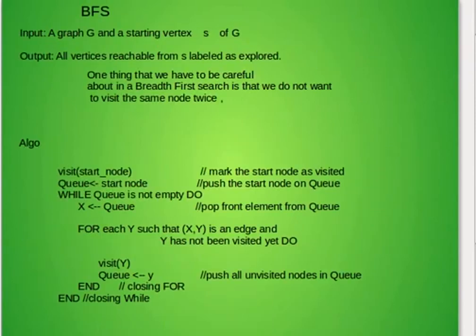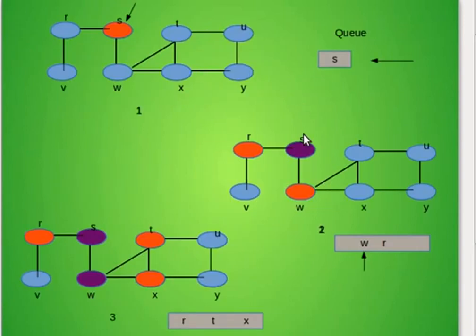So after entering the inner for loop, see all the neighbors of the popped element X and push them in the queue if they are not already present in it. Here see the neighbors of S are R and W. Push them in the queue and mark S as explored and R and W as visited.